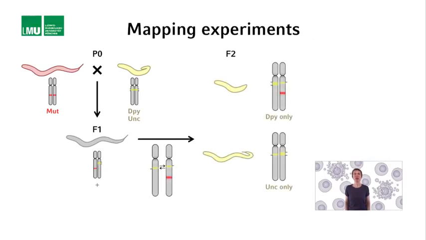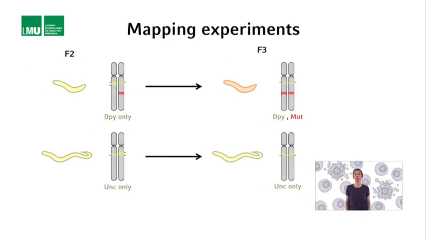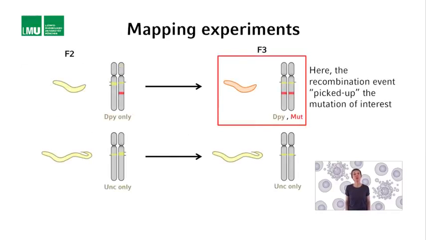Such animals have a recombinant chromosome in them, and one where the recombination took place between dpy-5 and unc-29 in particular. You pick these recombinants, you make the recombinant chromosome homozygous in the next generation, and then you ask the question whether the recombination that took place picked up your mutation or not.